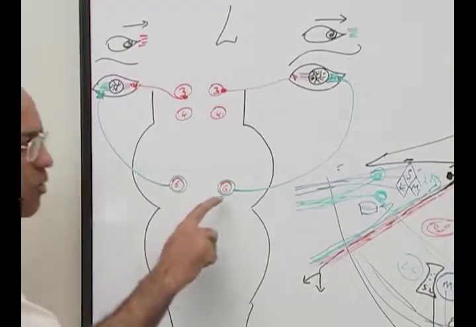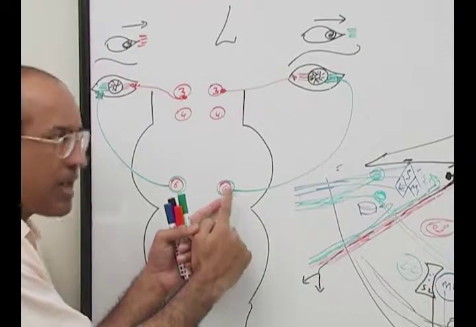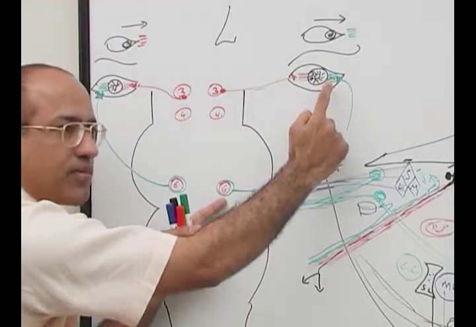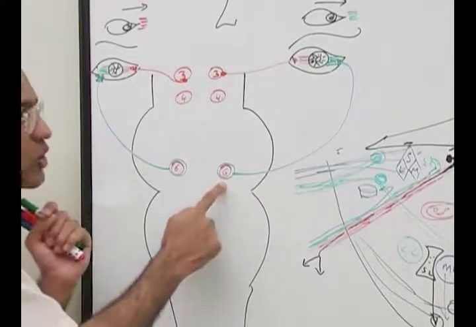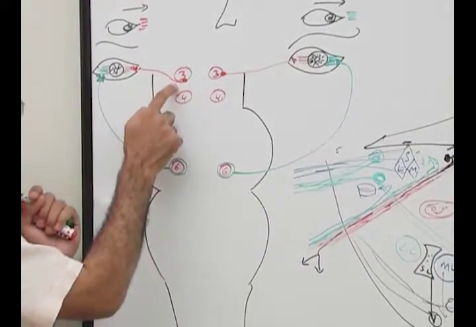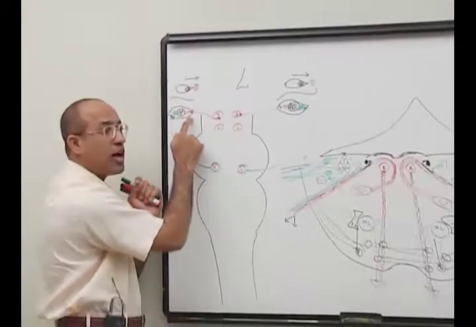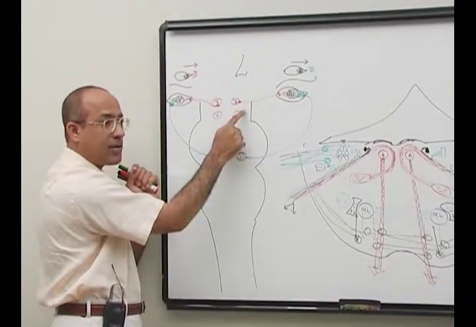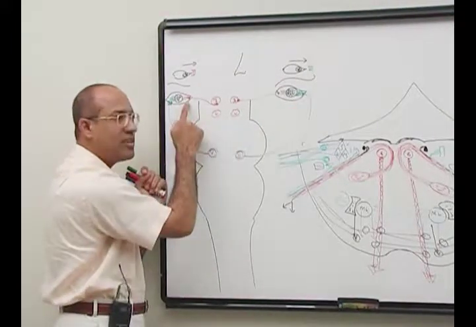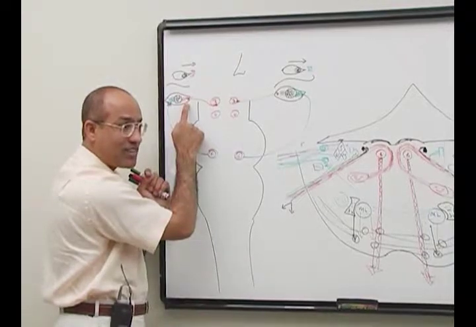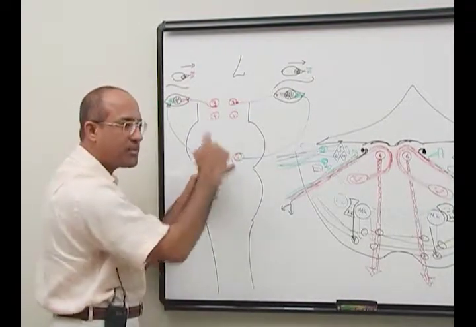It means whenever the left abducent nucleus is activated, the left eye will move leftward. At the same time, we should activate the 3rd nerve in such a way that the right eye should also move leftward. So whenever the left eye abducts, the right eye should adduct. It means the abducent nucleus and the 3rd nerve should be connected with each other.